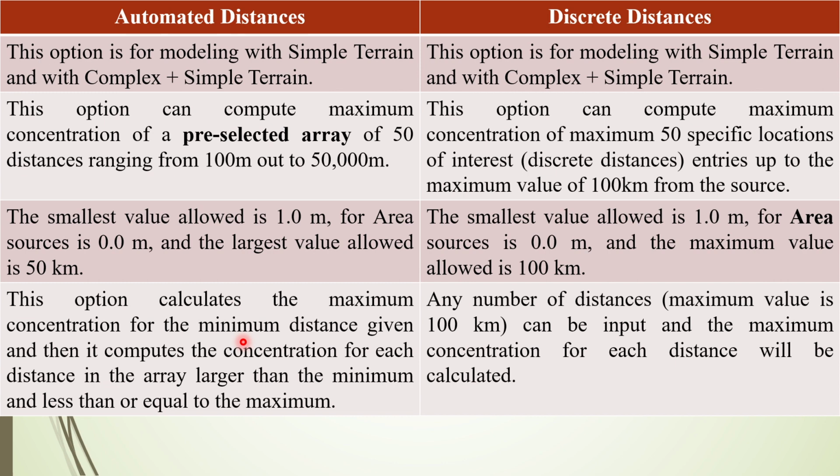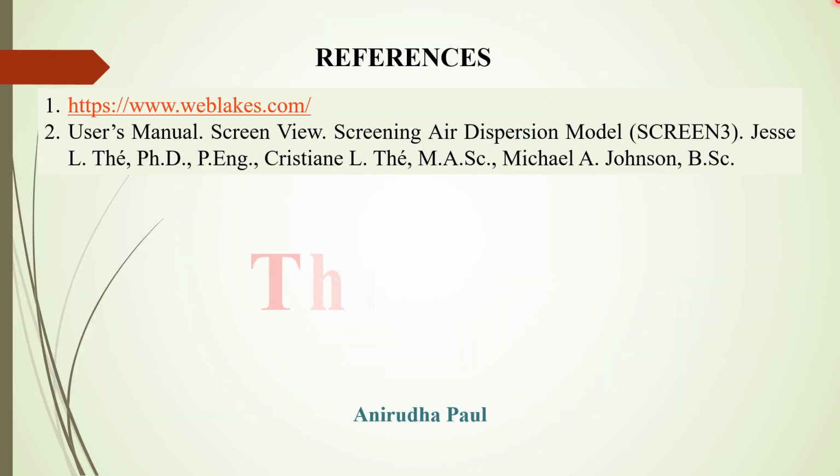So the minimum distance can be from 0 to any number around this 50 kilometer. But for discrete distance, any number of distances, maximum value is 100 kilometer, can be input, and the maximum concentration for each distance will be calculated.